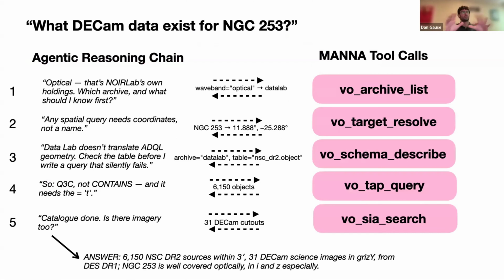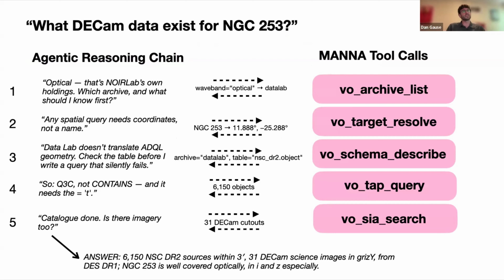And you don't have to read the entire slide here, but this is just to give you an idea of how MANNA and its tools are used within an LLM's workflow. So on the left here is this chain of thought of an LLM.